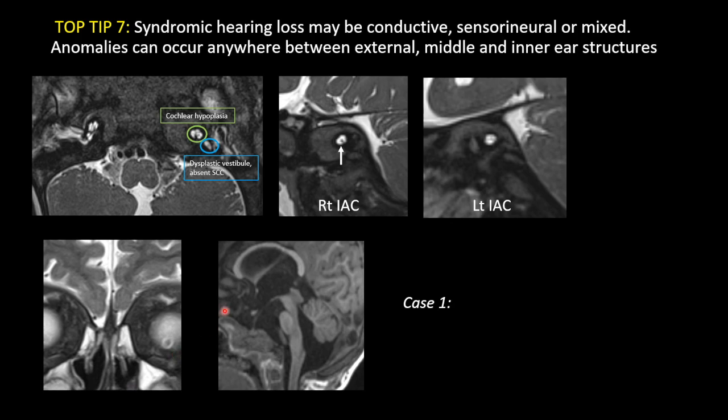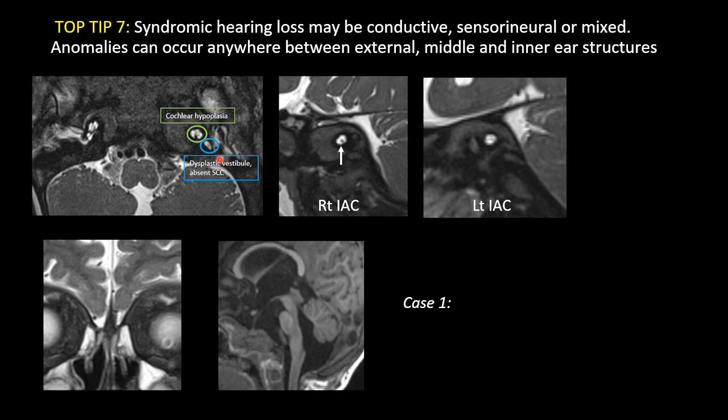On the sagittal reconstructed images of the IAC, we can see instead of the normal 4 dots, we only see 1 dot, and the cochlear nerve is absent. Similarly, on the left side, we don't see anything except for perhaps a thin dot here. So there's cochlear hypoplasia, and the cochlear nerves are not visualized, in addition to there being absent semicircular canals.